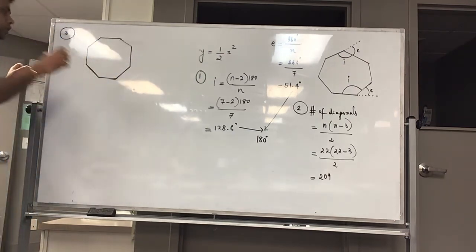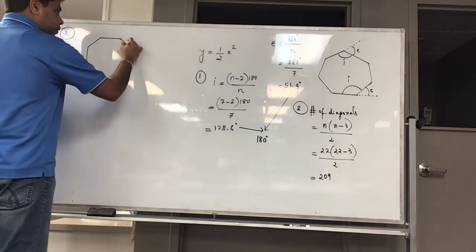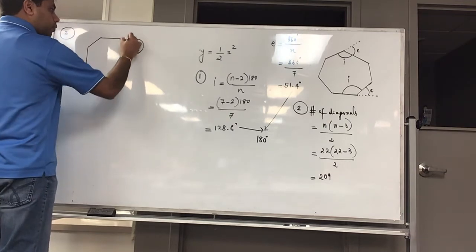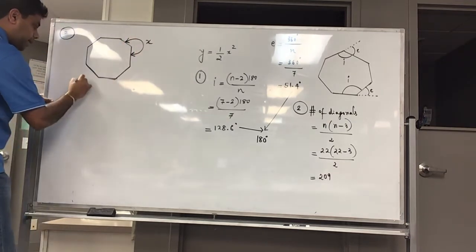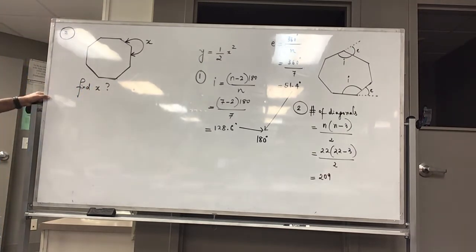This is an octagon. This is a convex regular octagon. Your question is, and this is exactly how they wrote it in the ACT: Find x. Try this.